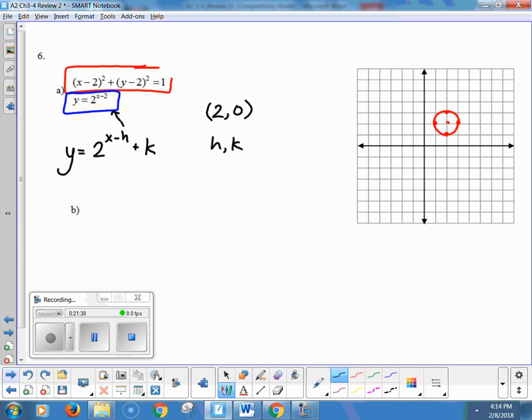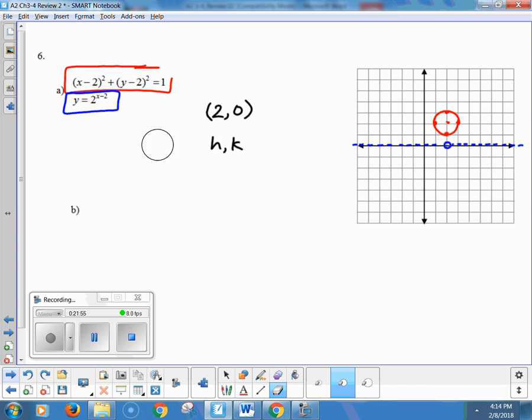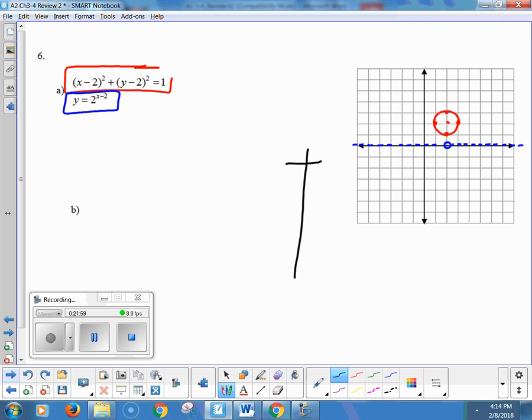If you check your toolkits, I called that (2, 0) the new origin, and I had you make an open circle there and draw an asymptote through there, because the asymptote does pass through the origin on the parent function. The xy table that you'd be graphing has (0, 1), (1, 2), (2, 4), (3, 8), and (-1, 1/2). Those would be points from the origin.